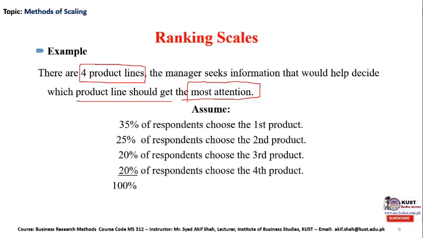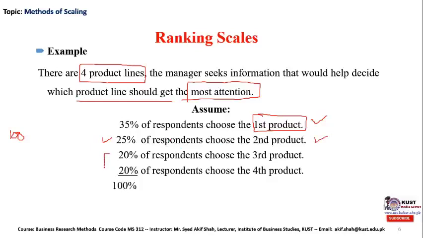So the respondents reply upon the first product is that 35% of the respondents, like this survey consists of, let's suppose, 100 respondents, then out of 100, 35 respondents have chosen the first product to be given the most attention. 25% or 25 respondents choose the second product line to be given the most attention.